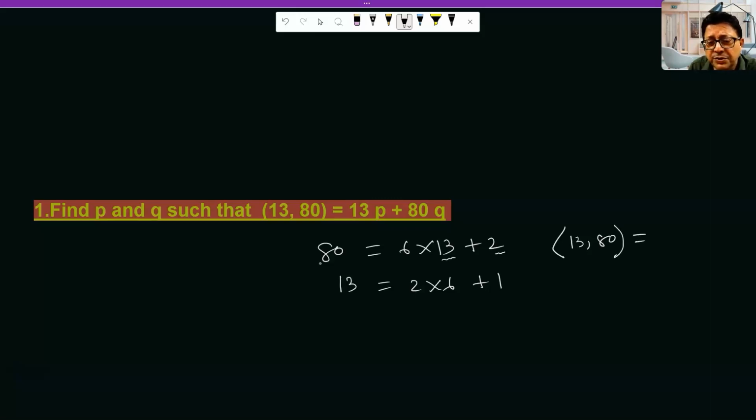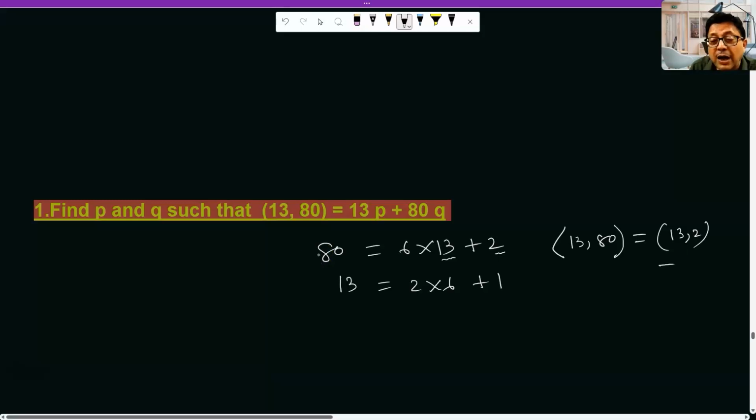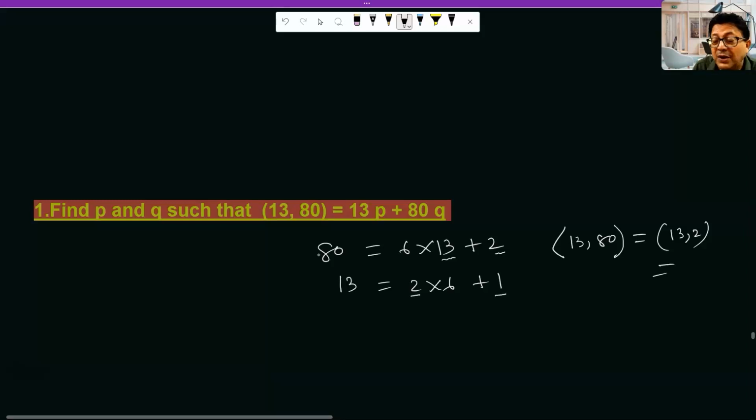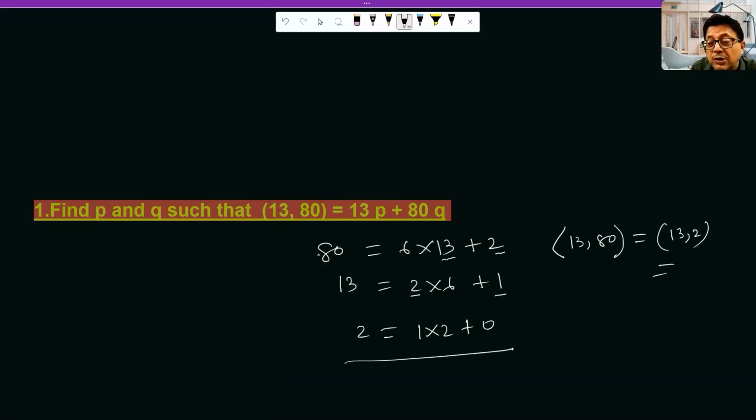Now it is reduced to HCF of 13 and 2. Now it is reduced to between 2 and 1. Because I told you, I will not think about the quotient, only the divisor and the remainder. This 2 and 1 now. 2 will be equal to 2 into 1 plus 0. So it is reduced to 1. Okay.